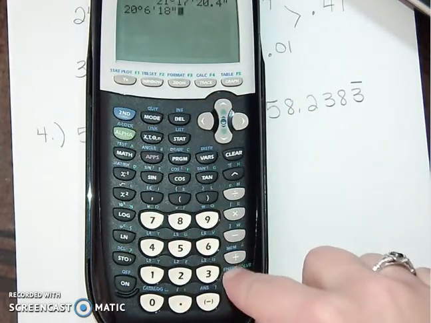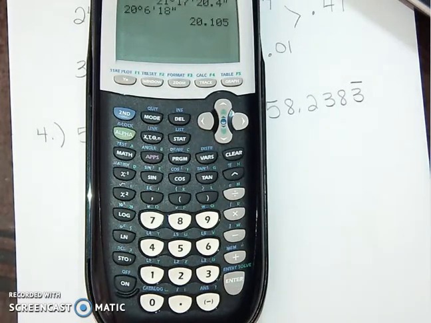So alpha plus would give me my double tick marks. When I hit enter, there's your decimal conversion of 20.105. So the angle degree and the minutes tick mark are in your angle menu, so second apps. But the seconds would be alpha plus. Be able to go back and forth between both of these.